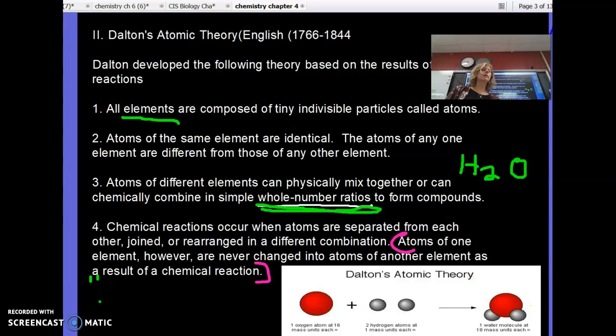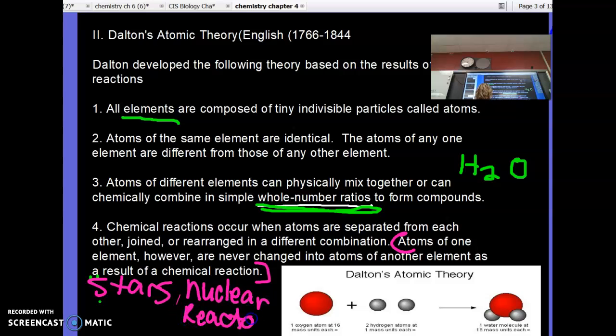This happens naturally on stars, like our sun. Also in things like nuclear reactors, or anything that we classify as a nuclear reaction.